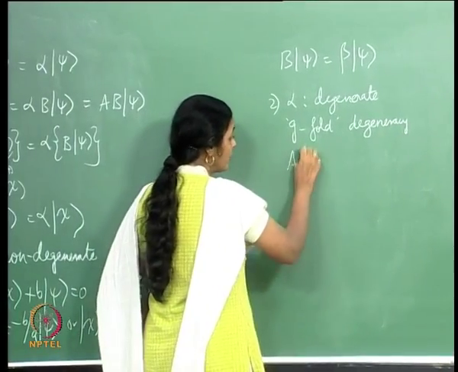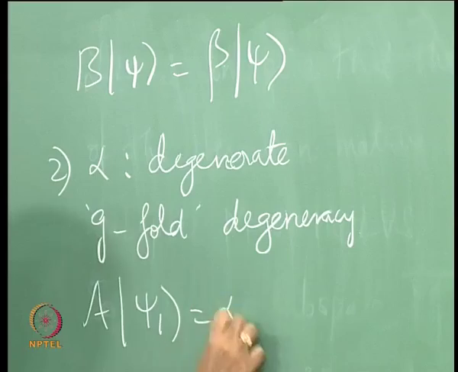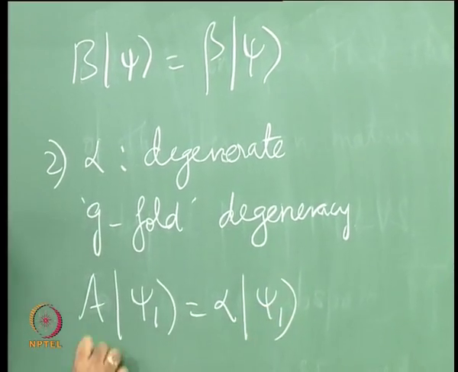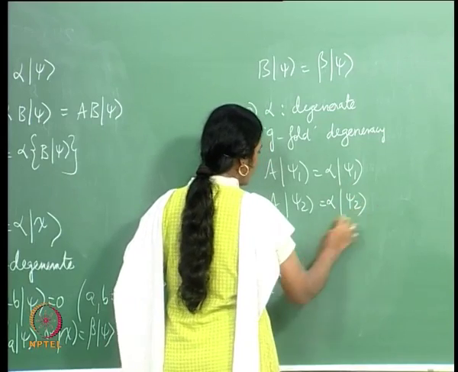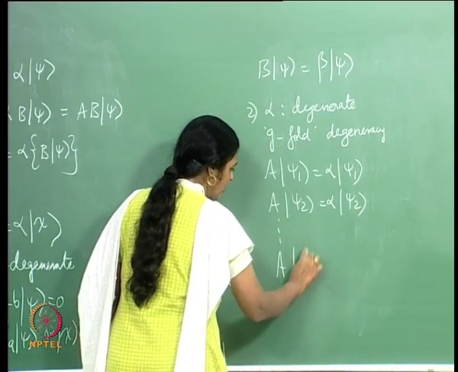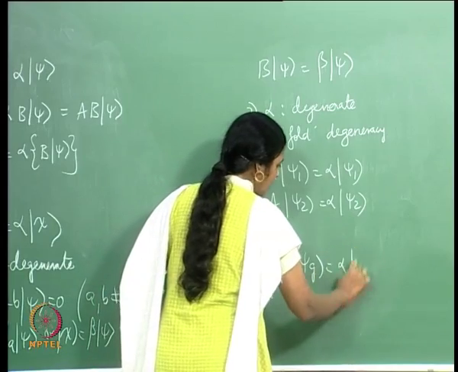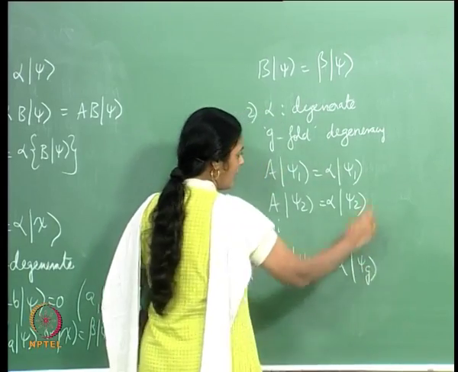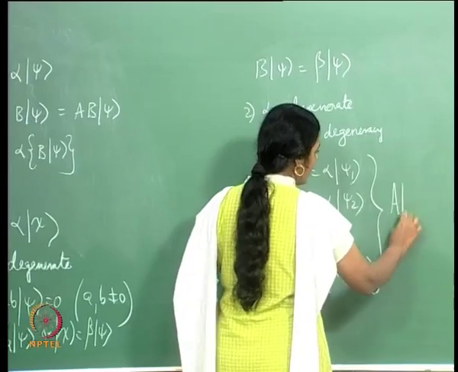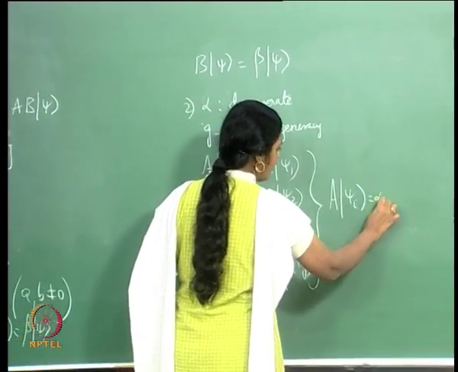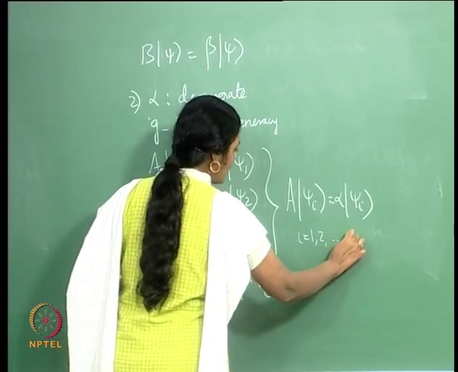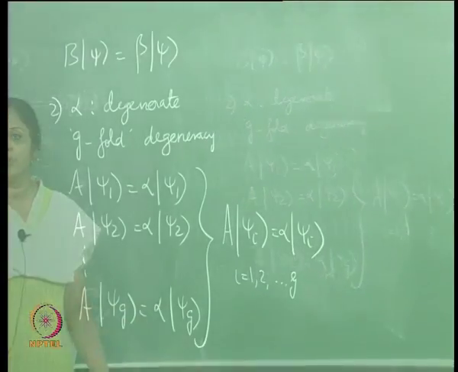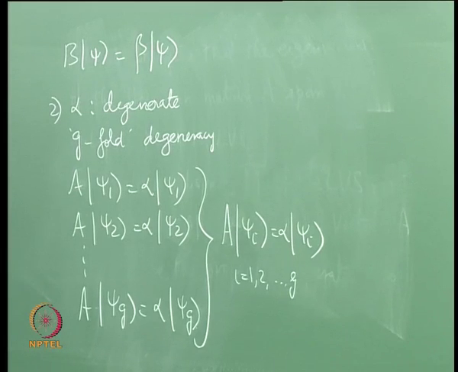There are a set of G eigenvectors of A, all of them corresponding to eigenvalue alpha. In other words, A psi i is alpha psi i, where i takes values 1, 2 all the way to G. So, that is a G-fold degeneracy. The eigenvalue is G-fold degenerate.